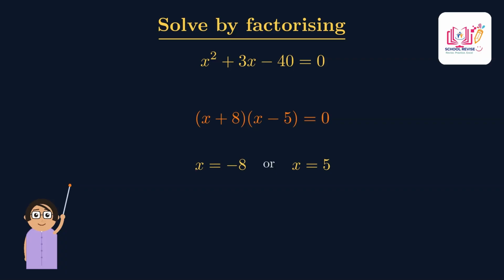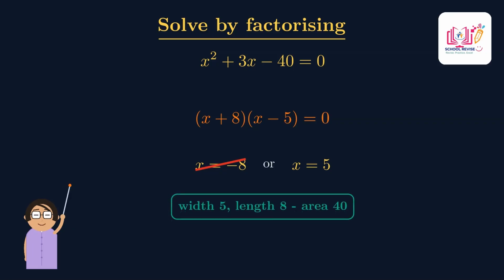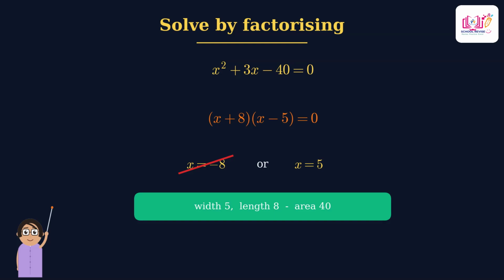So the equation becomes (x plus 8) times (x minus 5) equals 0. And here's the magic: if two things multiply to give 0, one of them must be 0. So x is minus 8 or x is 5. A garden can't have a width of minus 8 meters, so we throw that one away. The width is 5, the length is 8. 5 times 8, 40. The garden checks out.